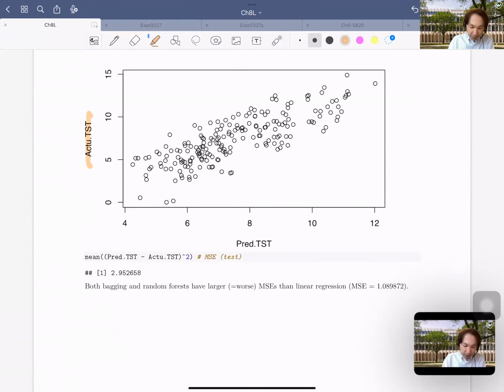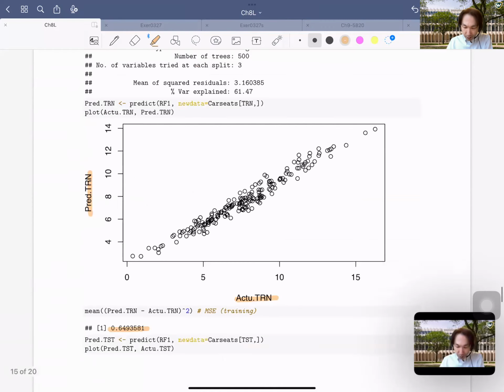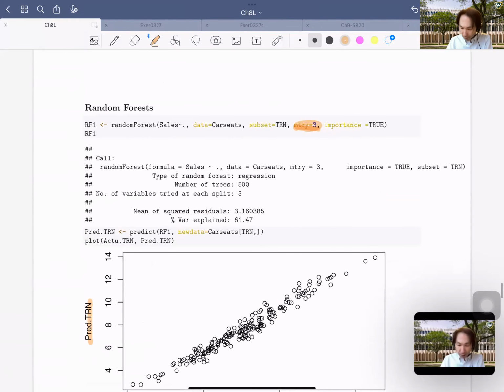It does not look really good. The correlation is still not very high, and actually we got an error of 2.95. We used just the typical parameter m that is about 1/3 of 10, the number of predictors, and also this is close to the square root of 10.